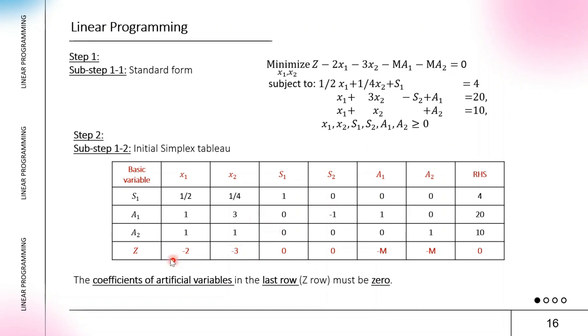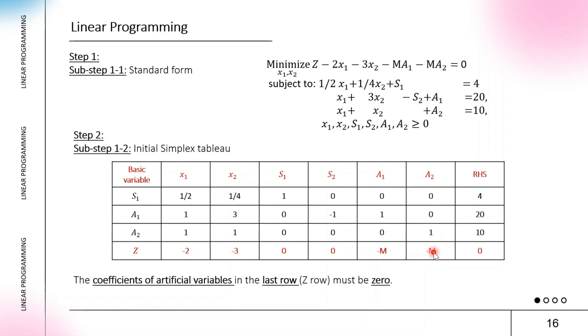The basic variables are S1, A1, and A2, because the coefficients of these variables create an identity matrix in the simplex table. The Z row contains -2, -3, and also -M coefficients corresponding to A1 and A2.